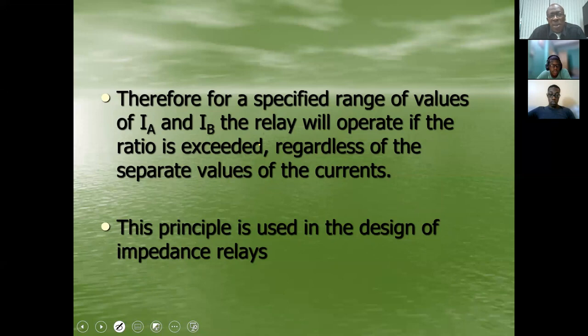And what you see, for example, the stance relay is that it operates if the impedance falls below a certain value. So even in the event that you have voltage collapse, you would still have an increase in current. So if the voltage is dropping and the current is increasing, it just means that the relay is going to operate faster because the resistance would have also fallen using the V over R relationship.